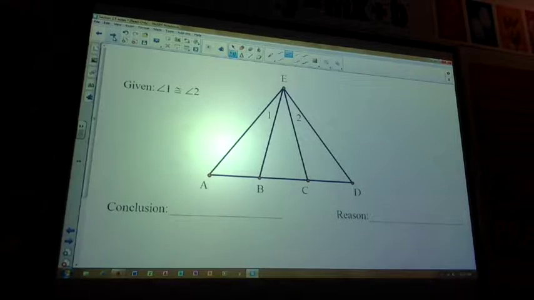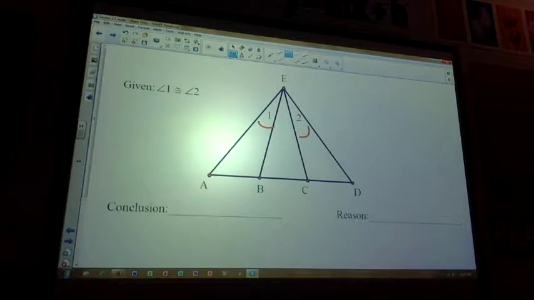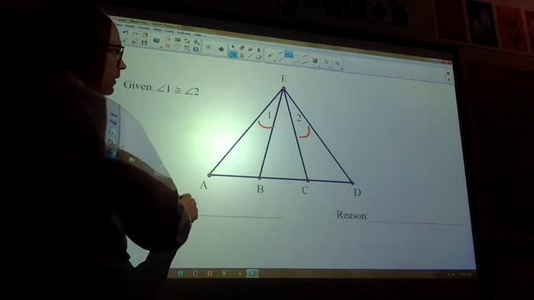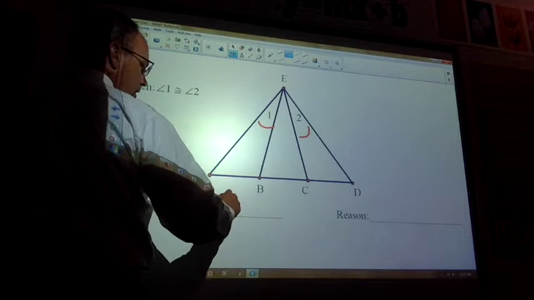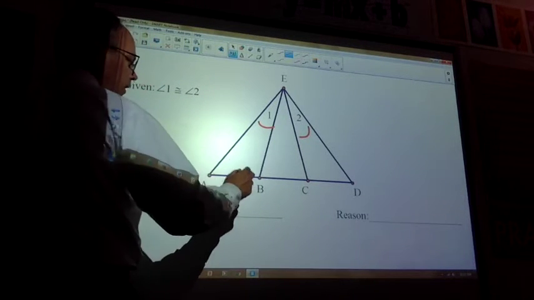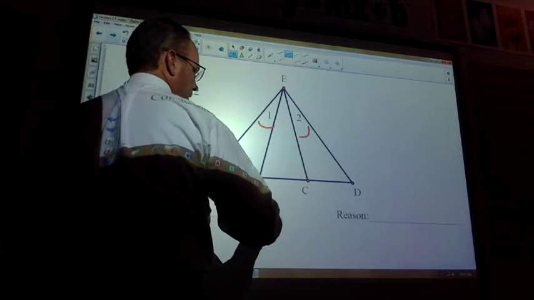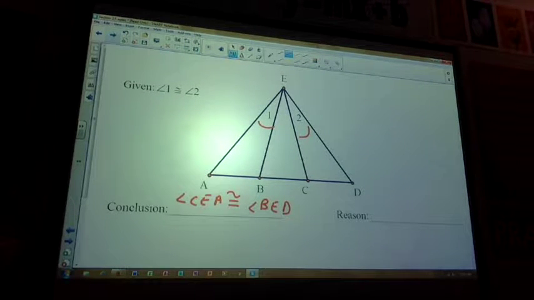Given angle 1 is congruent to angle 2. Could I state this? Angle CEA is congruent to angle BED. What am I doing to those 2 angles?